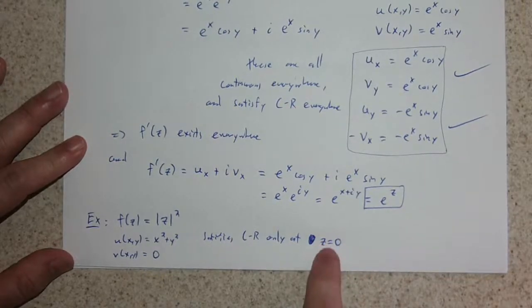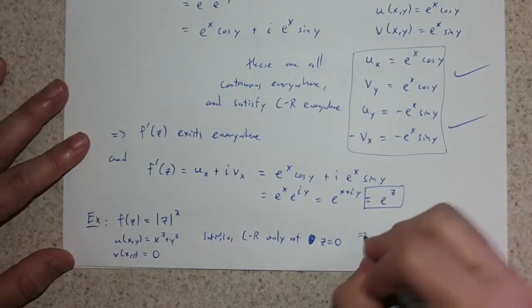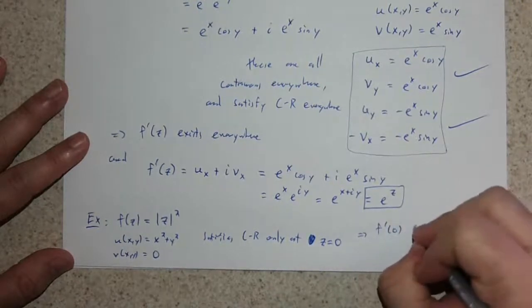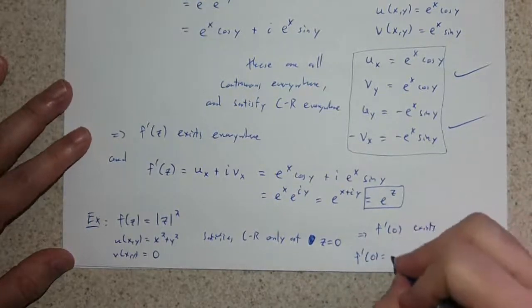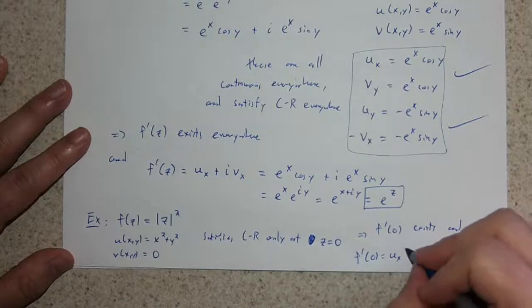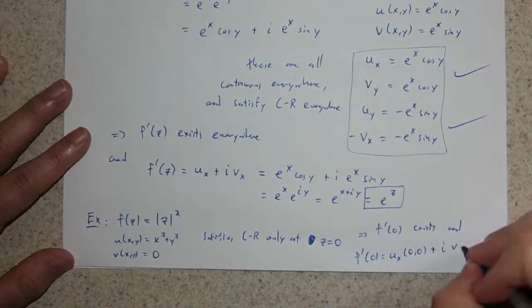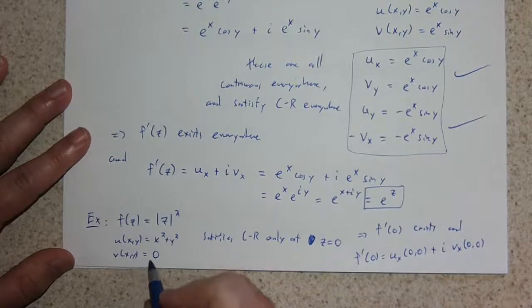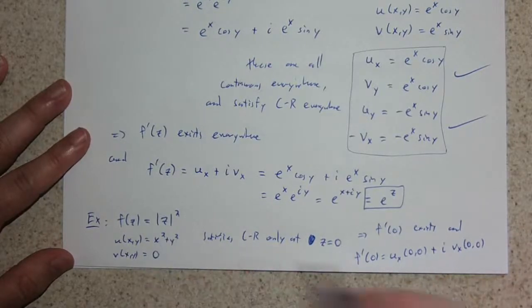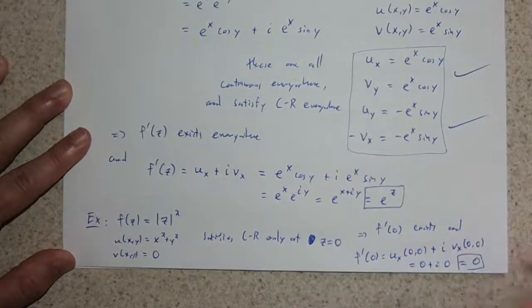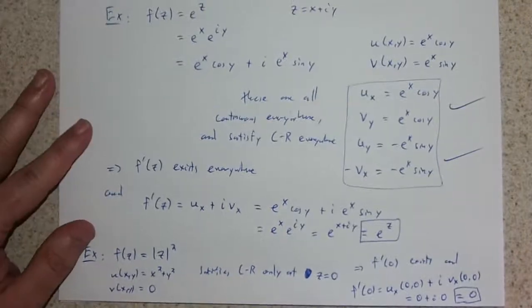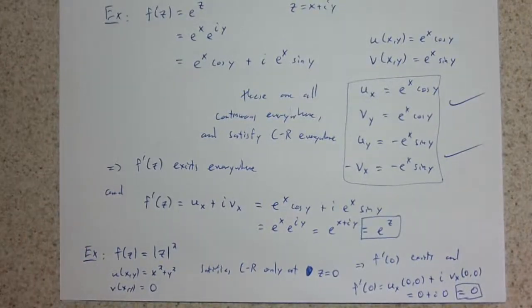And because they satisfy Cauchy-Riemann there, and because they're continuous everywhere, this thing is actually differentiable at 0, so f prime of 0 exists, and f prime of 0 is equal to u sub x of 0, 0 plus I v sub x of 0, 0. V sub x is 0, and u sub x is 2x, which at 0 is 0. So this is 0 plus I times 0, or 0, which is exactly what we had computed from the definition yesterday, I believe, or the day before.